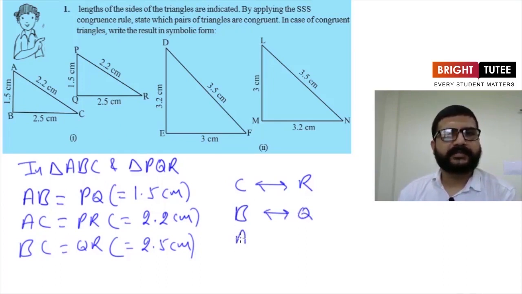Now we are left with vertex A from triangle ABC, that will be corresponding to the vertex P of triangle PQR. Now this is the correspondence relation between vertices.